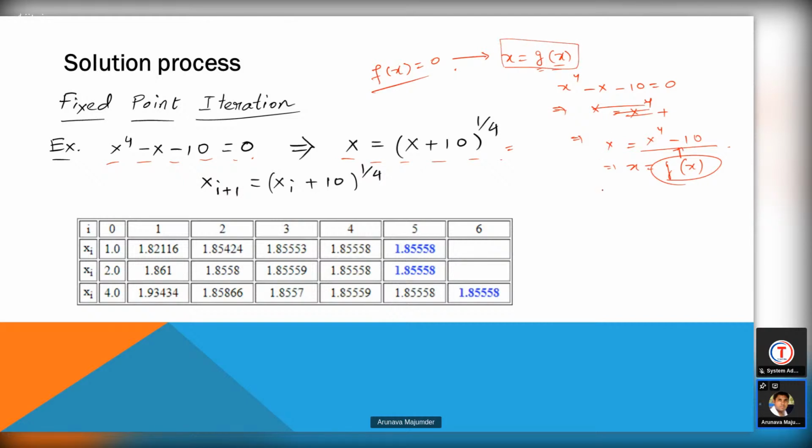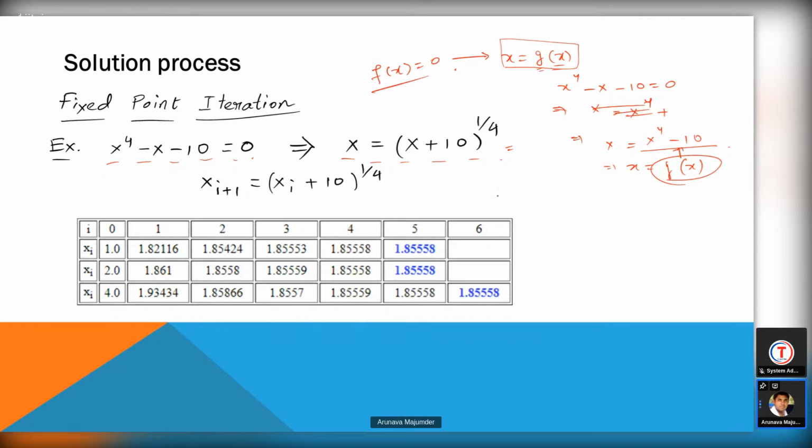So now which form is to be considered? Actually, not all the forms are convergent. Convergent means if I apply this technique, it can give you the value. Only some forms, or only one of the forms, can give you the solution. Other forms cannot give you the solution; the solution may be divergent.